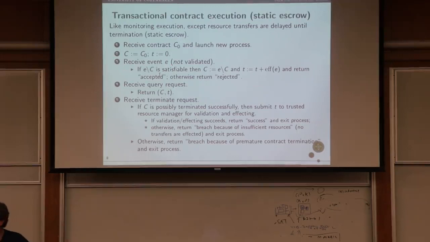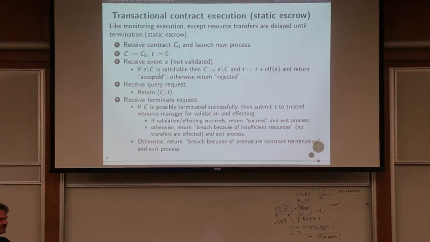The contract manager receives it and says whether it's in accordance with the current contract. Is this even something that needs to happen? If it doesn't need to happen or shouldn't happen or can't happen, I'll reject it. The other part I'll do is, if it's satisfiable, I'll update my contract to be the residual contract, and I'll update my resource transfer effect to add the effect of E. Remember, that was the resource transfer effect of this event.